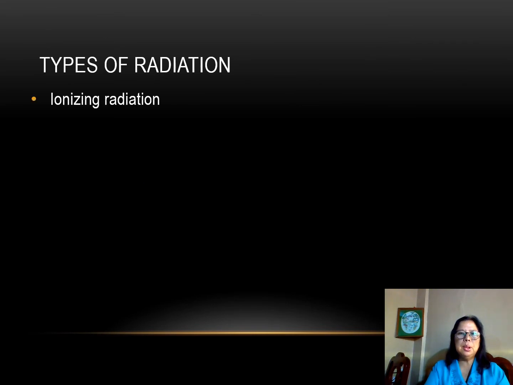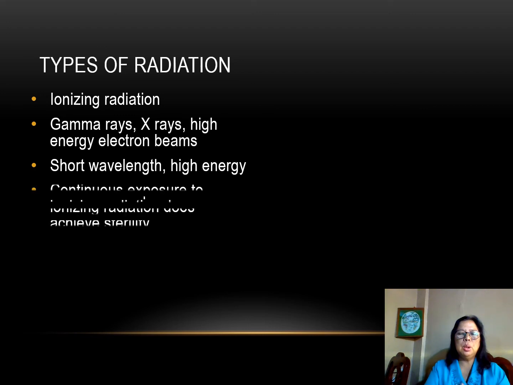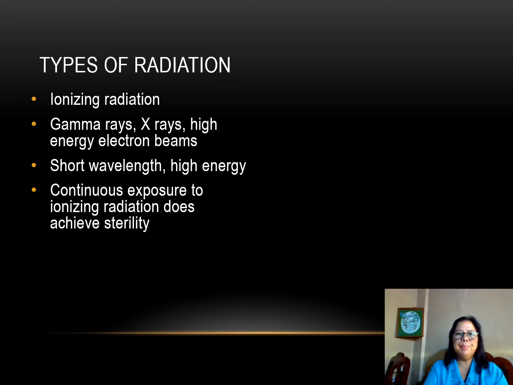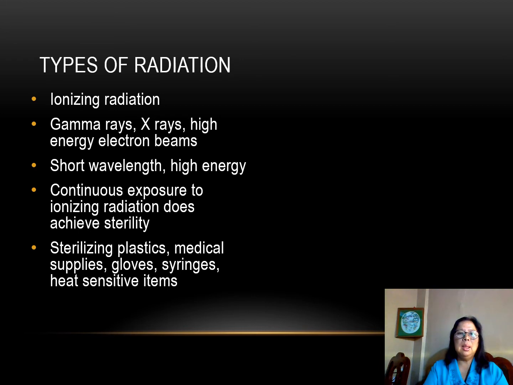There are types of radiation: ionizing radiation, gamma ray radiation, short wave radiation. Continuous exposure to ionizing radiation does not achieve sterility, but these are used in some food laboratories, sterilizing plastics and other medical supplies.